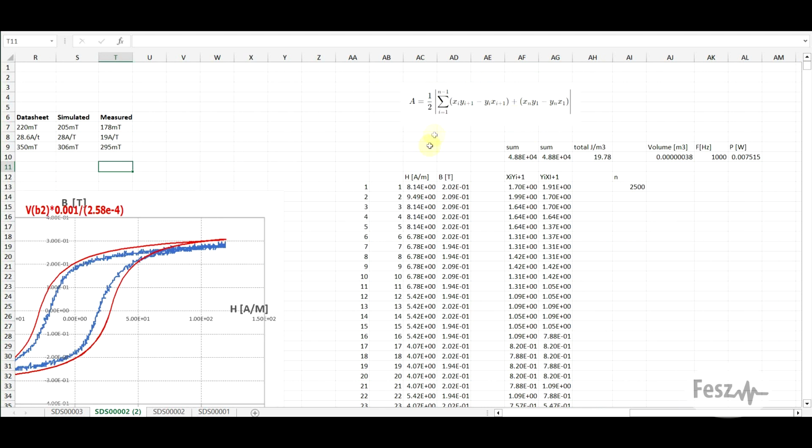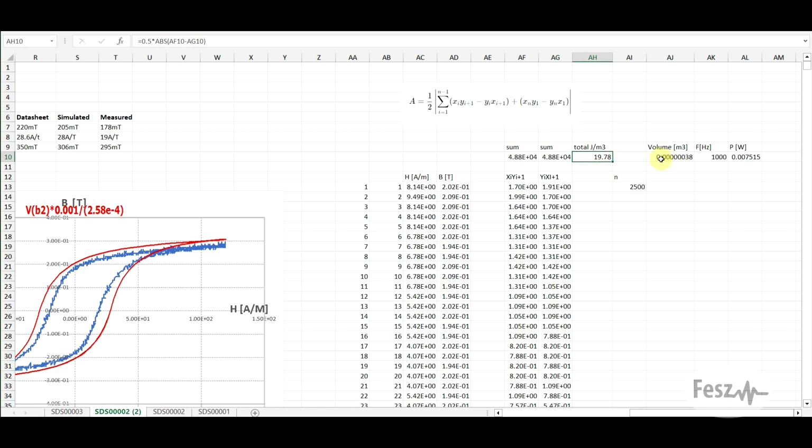So I tried to apply this calculation in our Excel file. So after extracting the BH parameters for a single cycle, so you need to be careful not to calculate the area of multiple hysteresis cycles, but just a single one, then I performed the various calculations, so these parameter multiplications, summed everything up, and finally got the total area at around 19.78 joules per cubic meter.